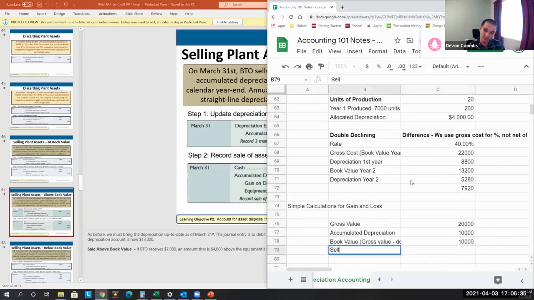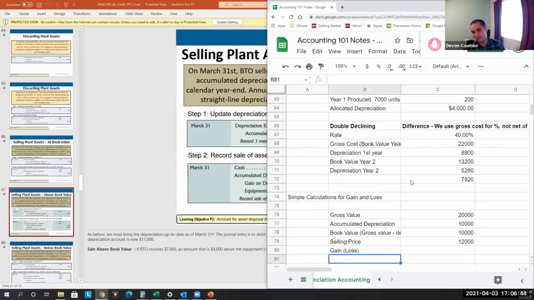And then our selling price, if it's 12,000, it's positive, so we have a gain. Then you can just change these numbers around. If it's 8,000, we have a loss, right? So all we have to know is whether our selling price is less than our book value on the day of disposal.